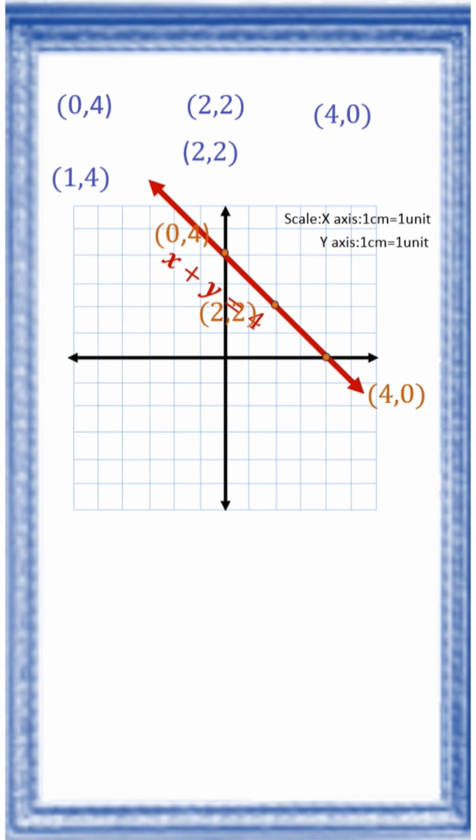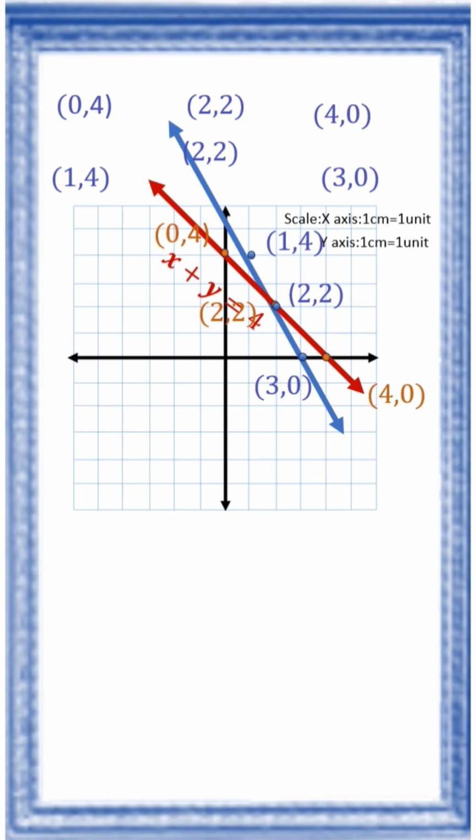Now we have to represent these points: (1, 4), (2, 2), (3, 0). Now let us join these points by a straight line, which represents the equation 2x + y = 6.